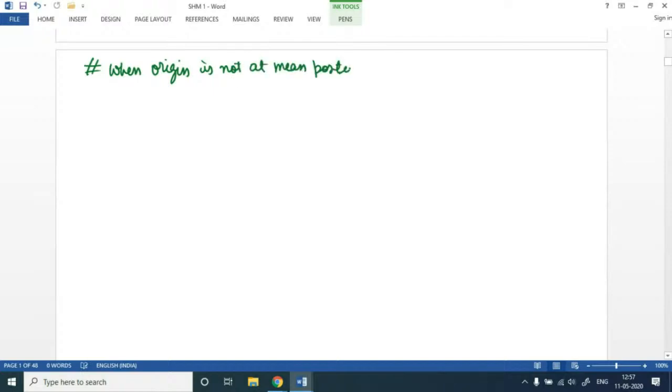Okay, so how will the equation look? Let's say, for example, this is the origin, and this is some x is equal to x naught, and let's say the amplitude is a. So the maximum displacement from the mean position would be a.